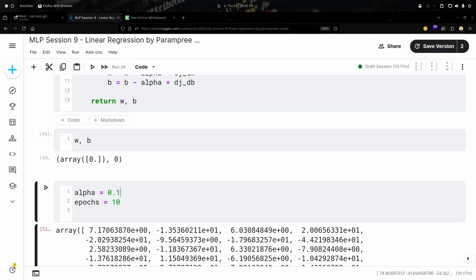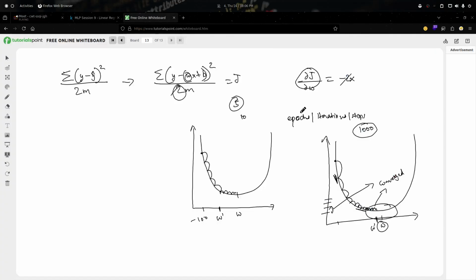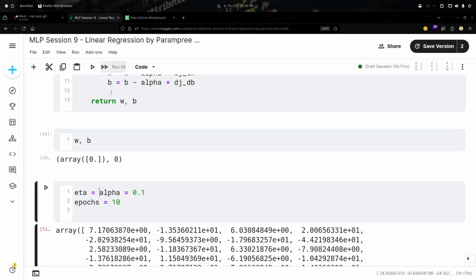Alpha or ETA, or learning rate, these are all the same things. We can name it any way we want. So I'm just writing it in another notation, which is learning rate, and the epochs are the number of iterations.